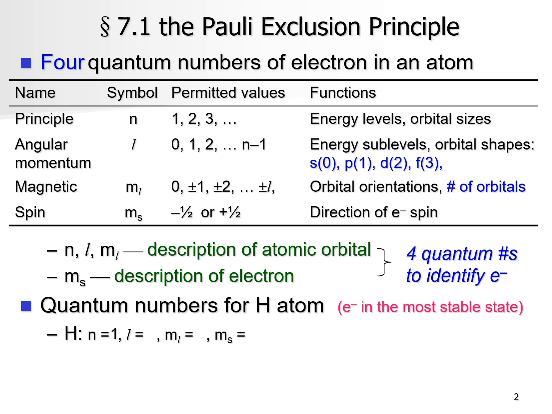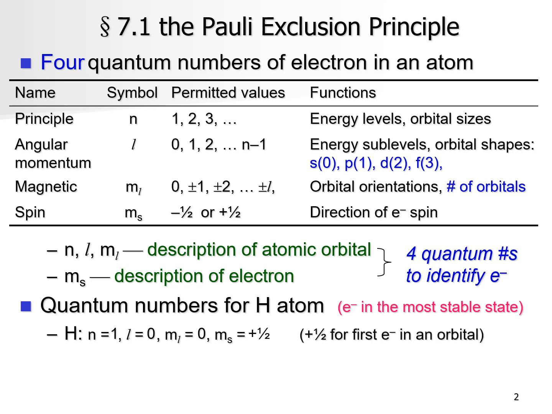So once n has been set as 1, we have no choice but to have 0 as the only acceptable quantum number for L. Remember, L must have a value that's less than n, as we discussed in chapter 6. When L is equal to 0, m sub L has to be 0 as well.